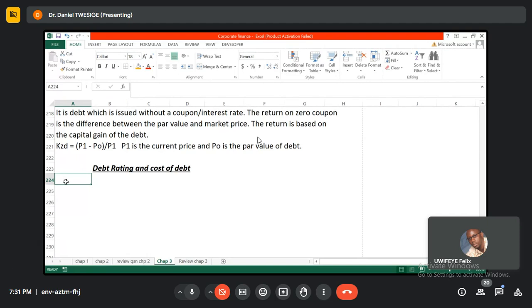So the debt is rated depending on the probability of default.